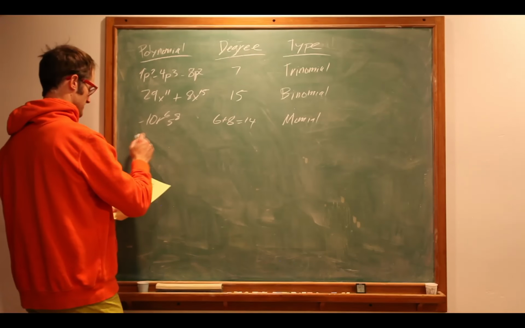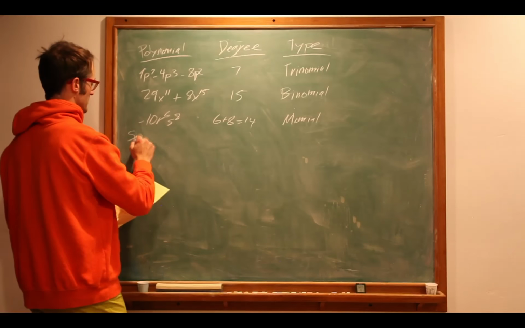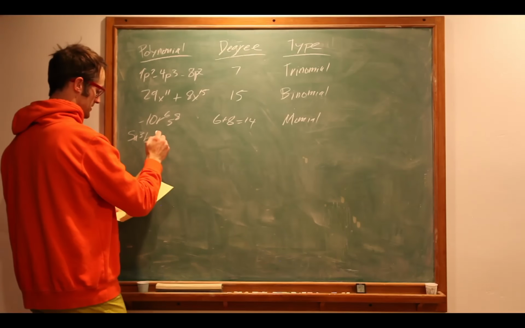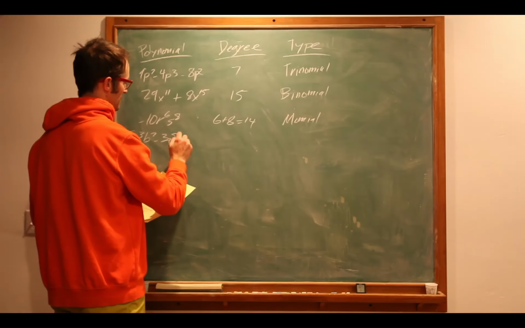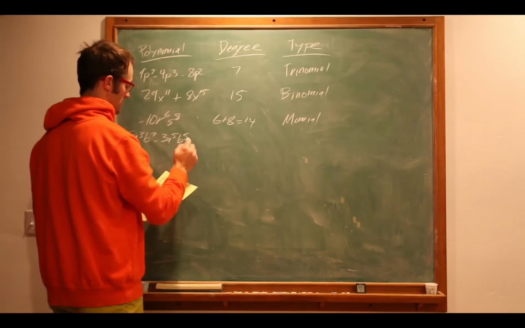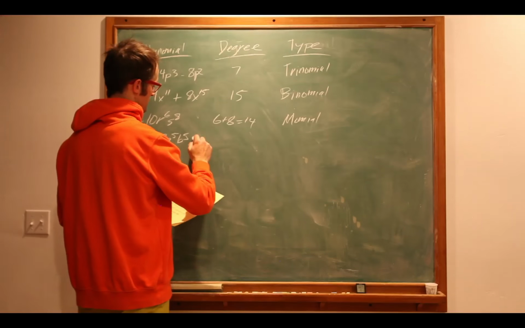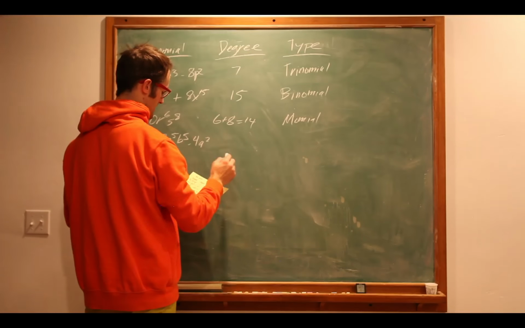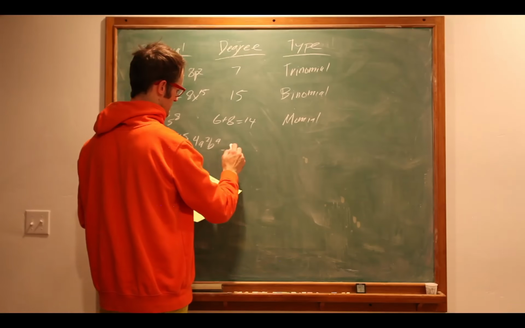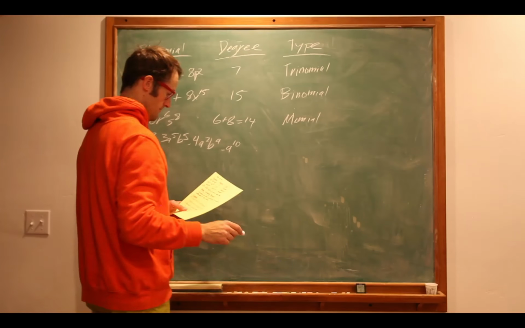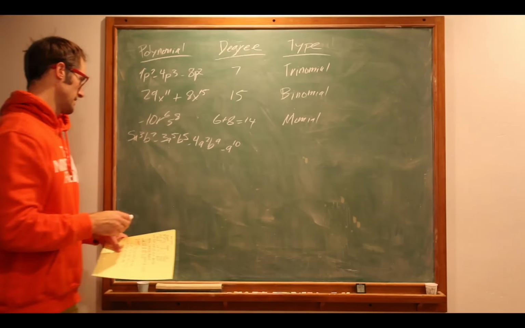Okay, last one. 5a to the 3rd b to the 7th, minus 3a to the 5th b to the 5th, minus 4a squared b to the 9th, minus a to the 10th. So what is the highest?